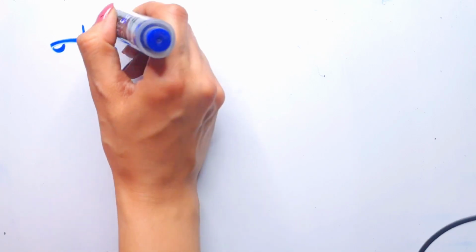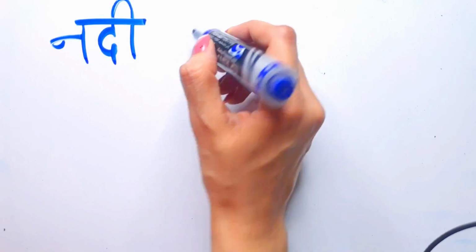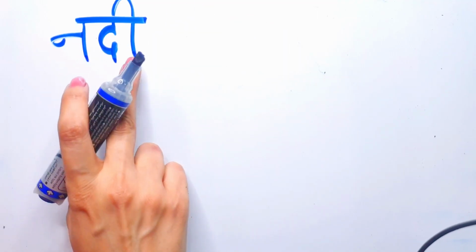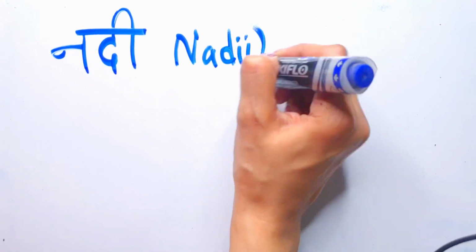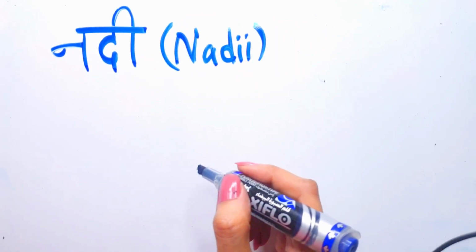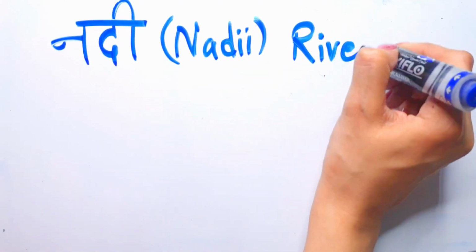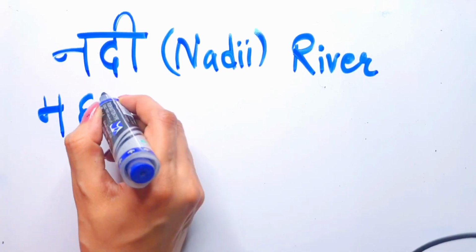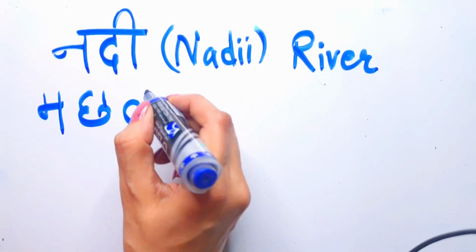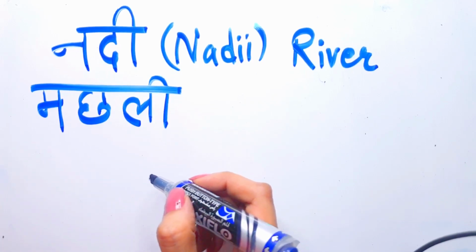So the first one is nadi. Now remember, this is a longer e. Okay. So this is nadi. And this means river. Next, ma, cha, li. Machli.